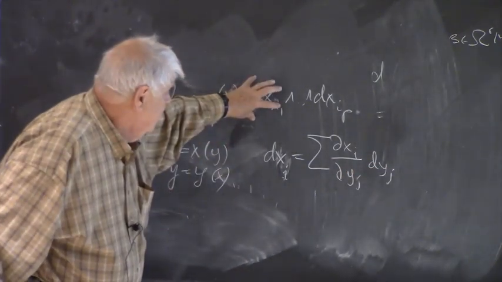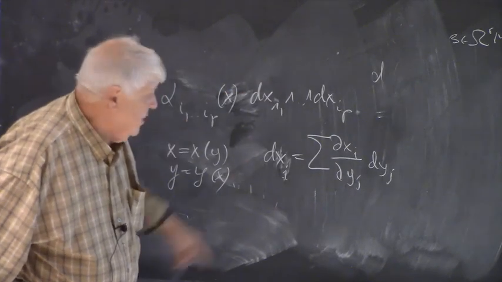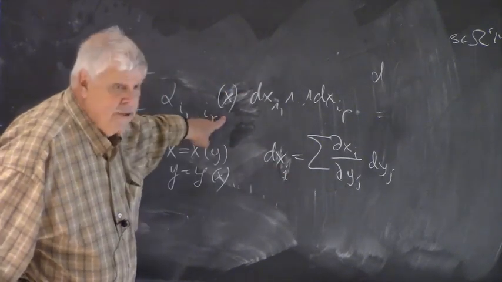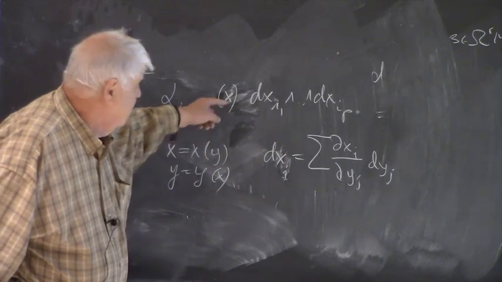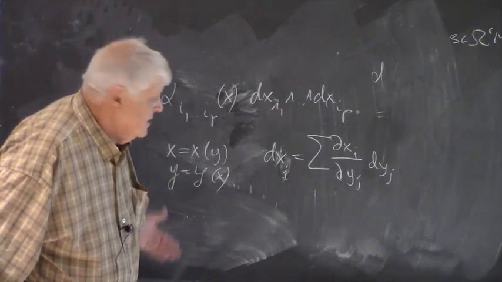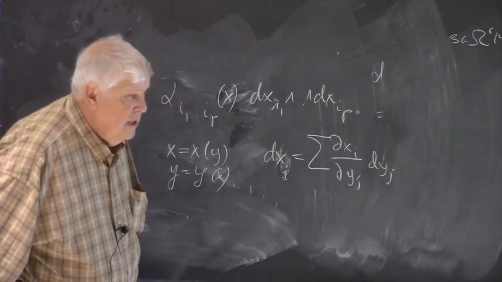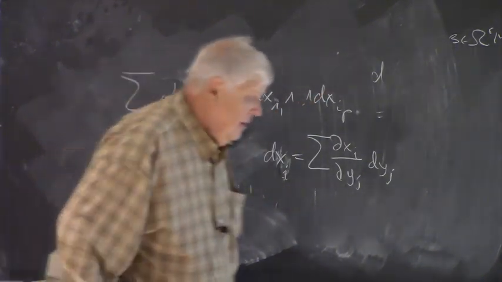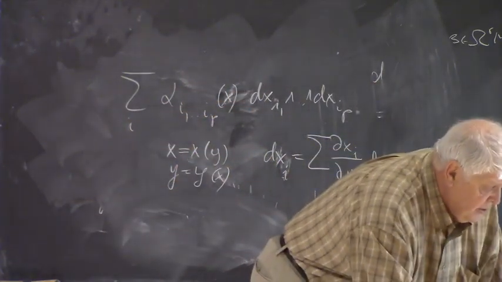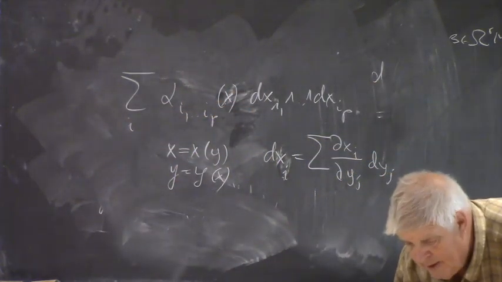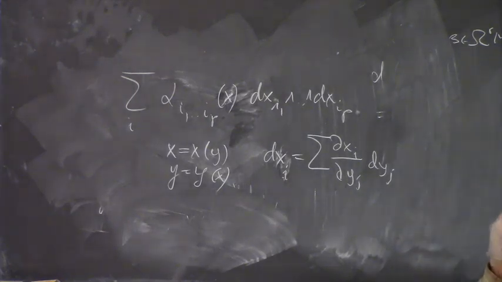If I replace every differential here by this expression, I will have dy's. Here also, I need to replace x by y. The same form I will have expressed in y coordinates, and I can consider the differential using that formula. Also, you see that this differential involves derivatives with respect to x.